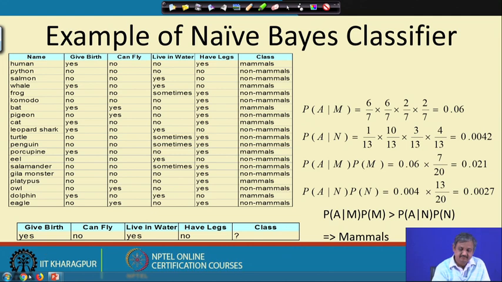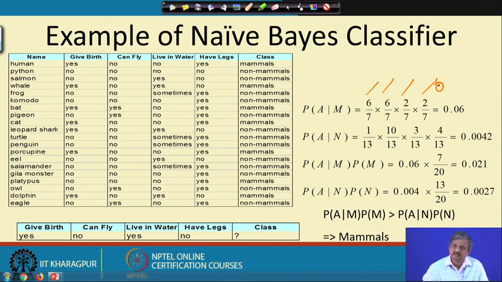In fact, in practice, in an extreme case, what can happen is this. The one thing about this is that I am expressing this probability as a product of 4 probabilities. So, even if one of these 4 probabilities turns out to be 0, the entire thing becomes 0.